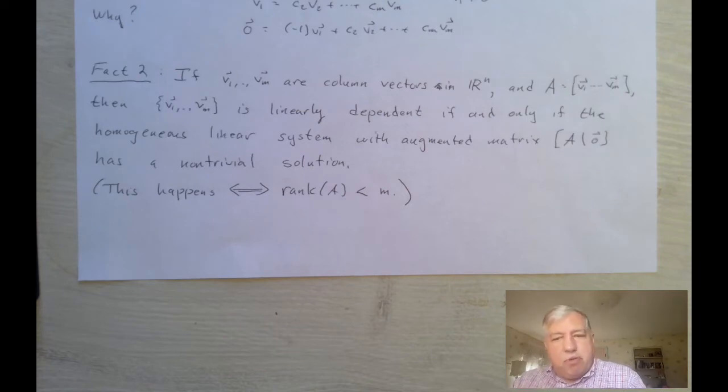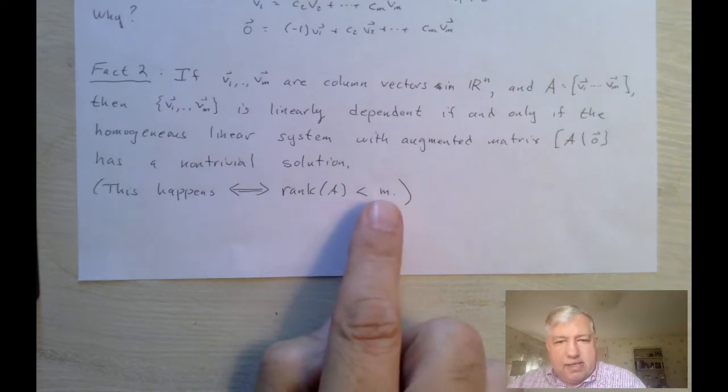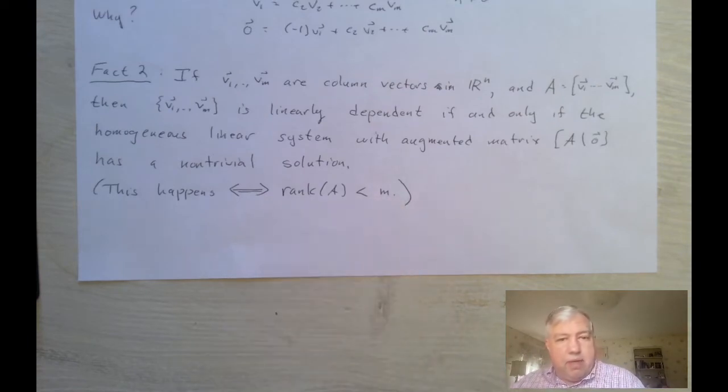From the rank theorem last time, if the rank of A is less than m, then we get a free variable, and that means infinitely many solutions, so we get a non-trivial solution, and that's how we get linear dependence. So let's close with a few examples.